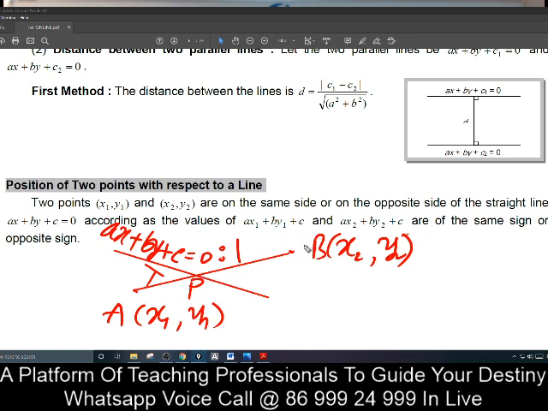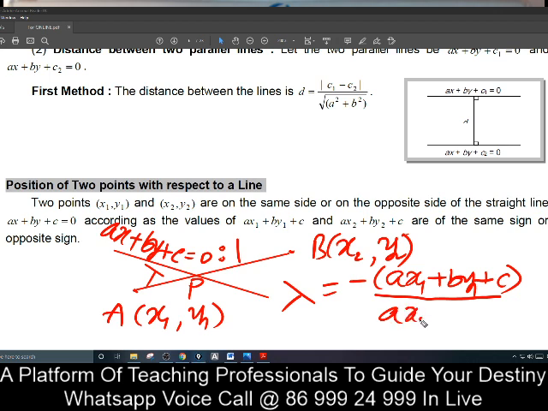P lies on AB, but this P lies on the line also. By simplifying this, you will get lambda as minus of ax1 plus by1 plus c divided by ax2 plus by2 plus c.